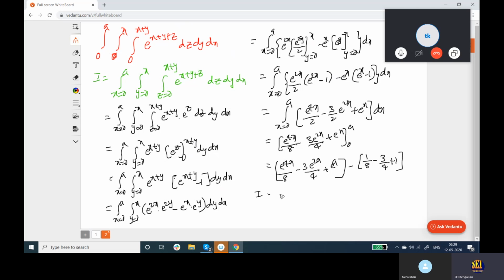So I is equal to e power 4a by 8 minus 3 e power 2a by 4 plus e power a minus 3 by 8. So finally 1 by 8 if you take common, e power 4a minus 6 e power 2a plus 8 e power a minus 3, that is I is equal to.